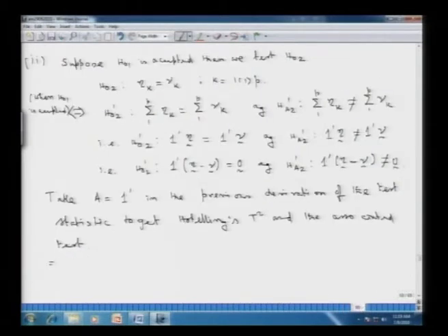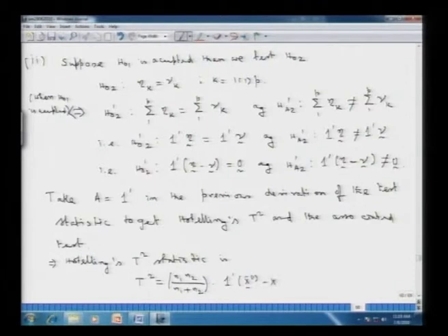So, the Hoteling's t square statistic would exactly look the same with A being replaced by 1 transpose. This would imply that the t square is now given by n1 n2 divided by n1 plus n2, which was previously there, and what we will be having here is 1 transpose (x1 bar minus x2 bar) whole transpose, and then we had A S A transpose.